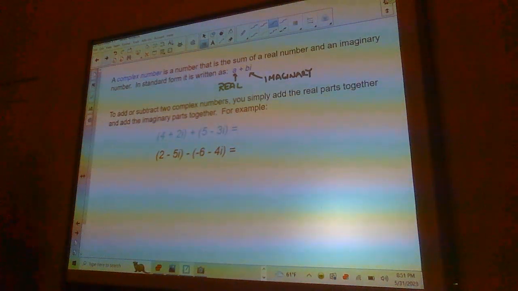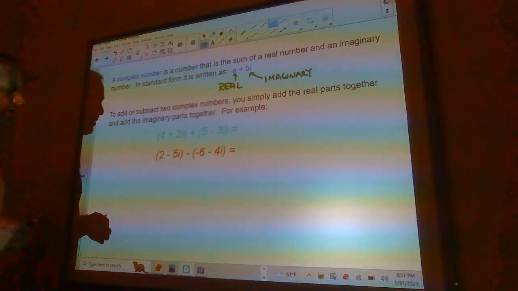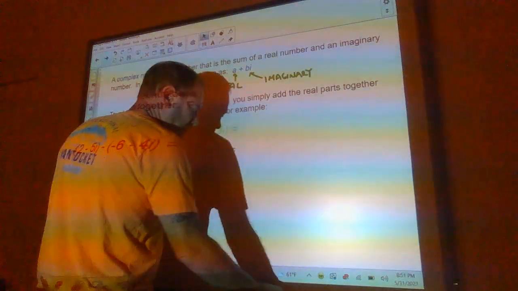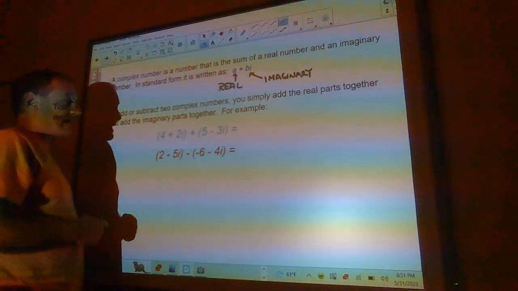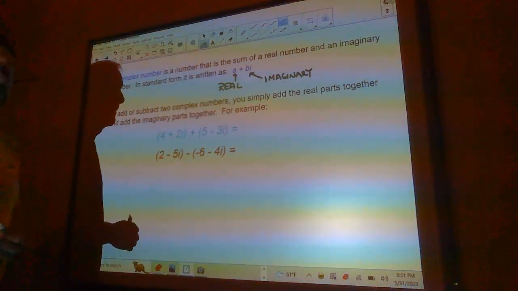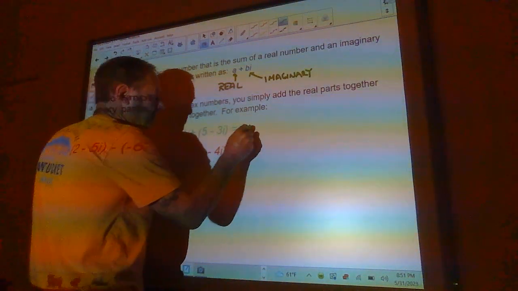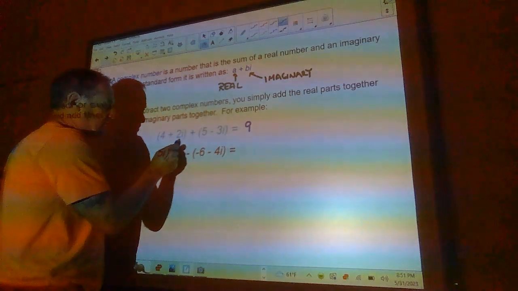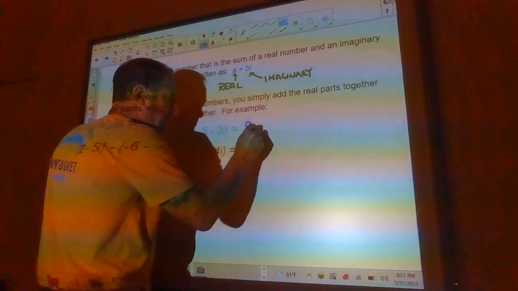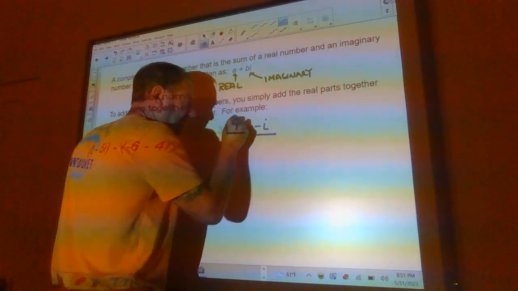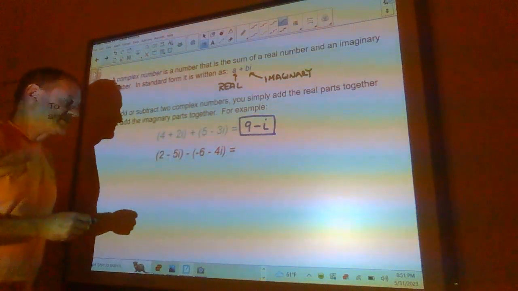You can add or subtract those really easy. All you do is add or subtract the real parts, and add or subtract the imaginary parts. So in this one, we've got 4 plus 5, which is 9, and 2i plus negative 3i, which is negative i. So that's 9 minus i.